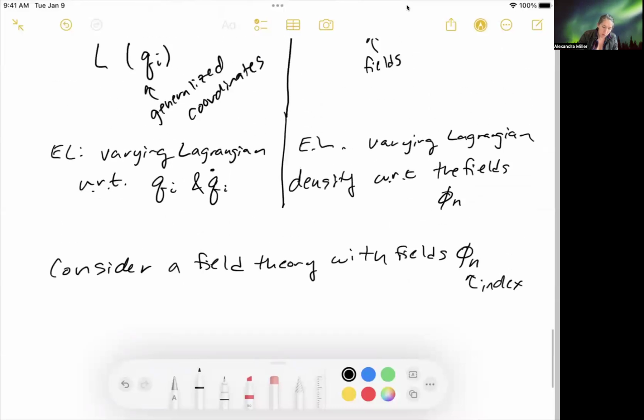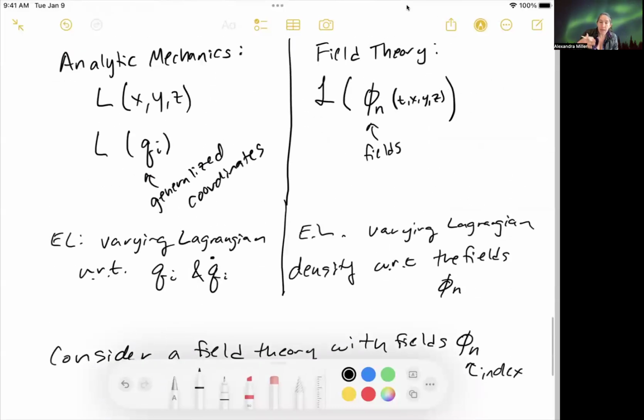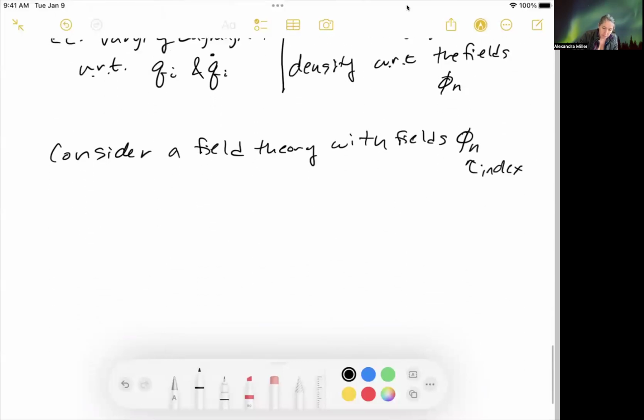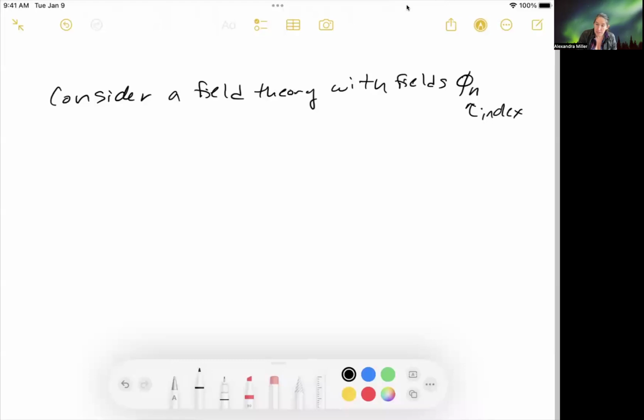So again, with just analytic mechanics, when our Lagrangian was a function of coordinates, what we considered was some coordinate transformation. Maybe we did some translation or some rotation. Now the transformation that we're going to consider is a transformation of our fields.